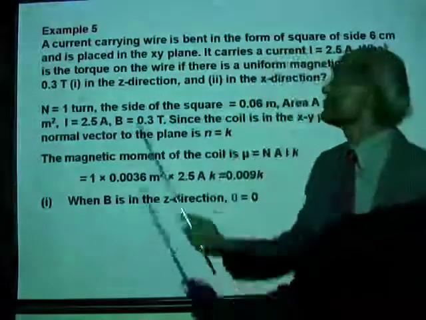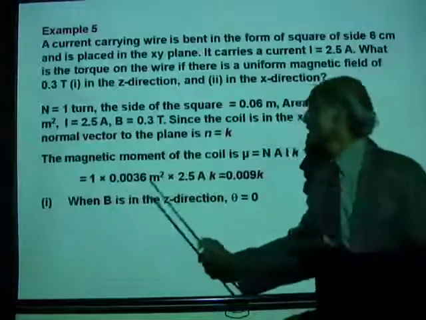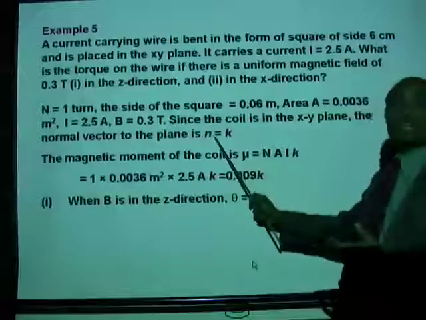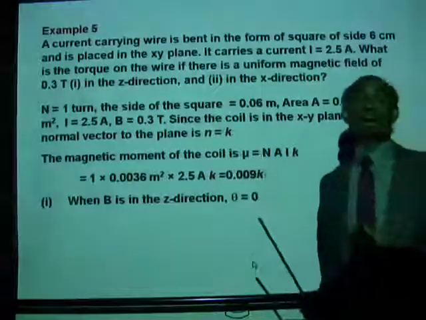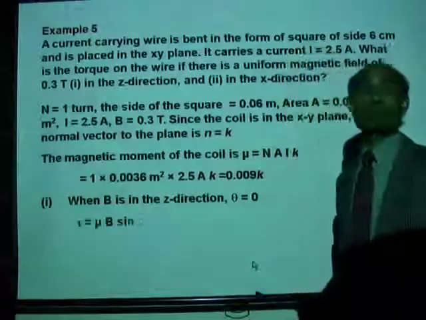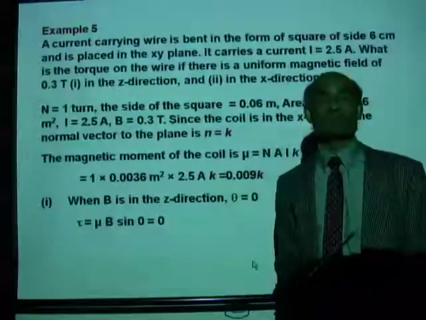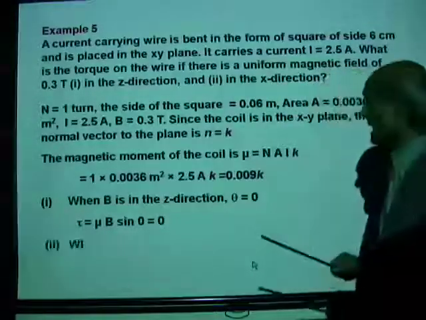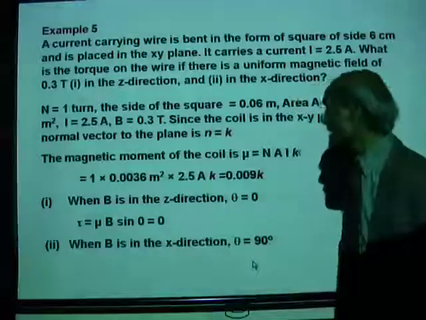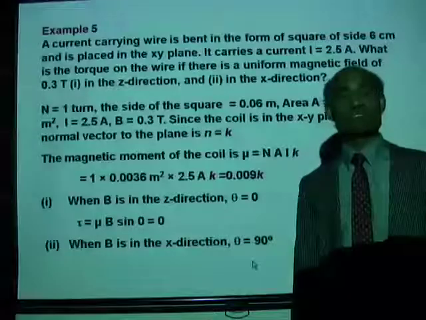That means in the first case, the angle between B and N is 0. If the angle is 0, sine 0 is 0. Therefore, torque will be 0. On the other hand, when B is in the x direction, that angle will be 90 degrees.